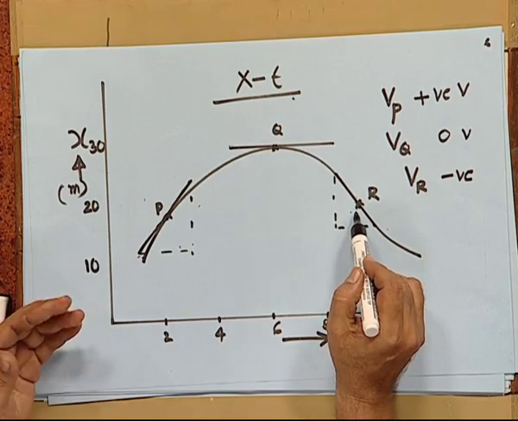When the object has positive velocity, it means whatever you have defined as the positive direction, the object will be moving along that direction. When you have negative velocity, it means the object will be moving against the original direction, which you have called positive. It means the object, in the case of an object moving in a straight line path, is coming back or moving in the opposite direction.